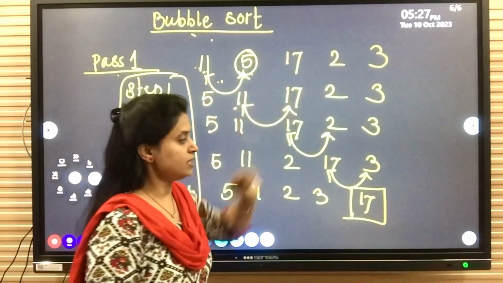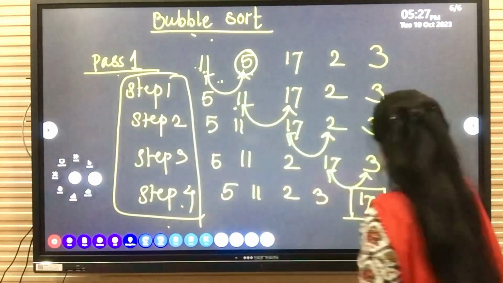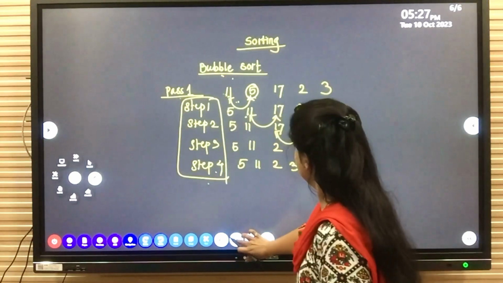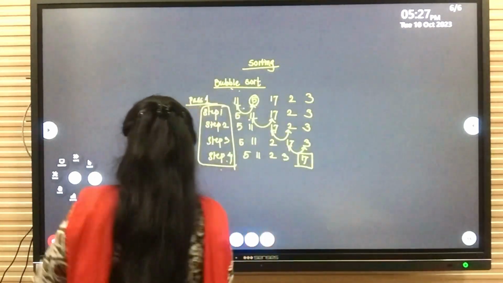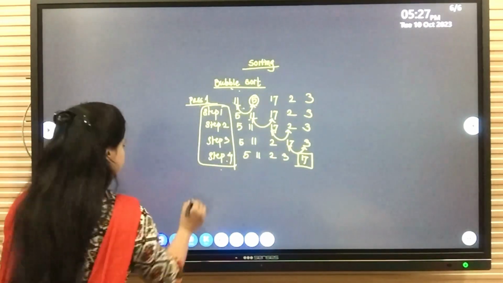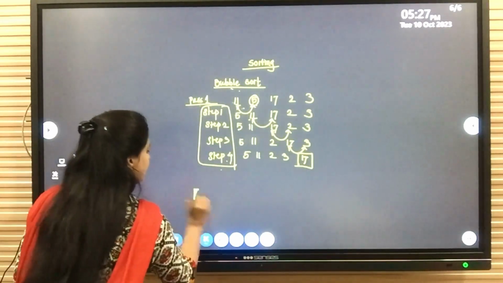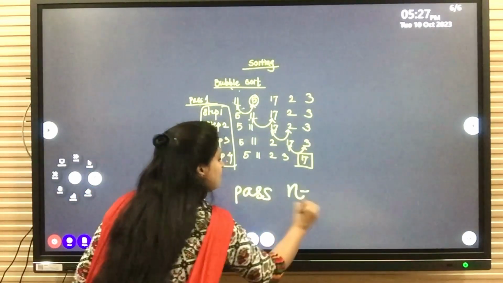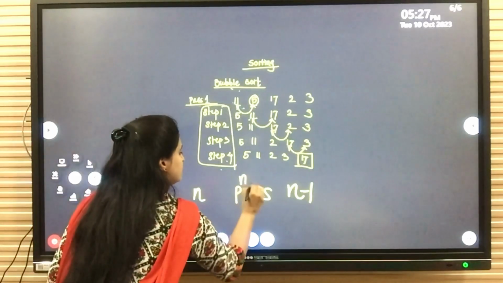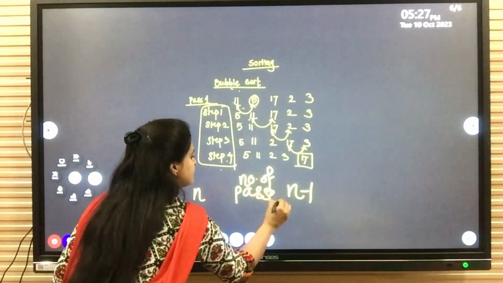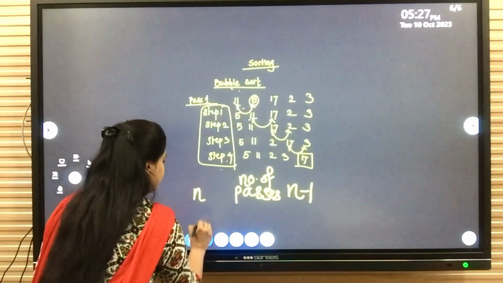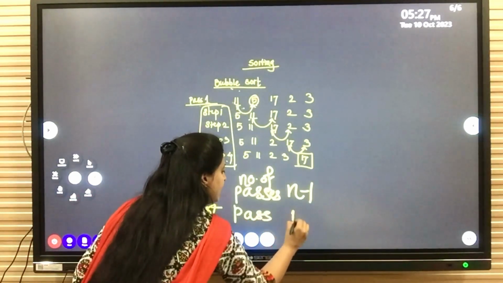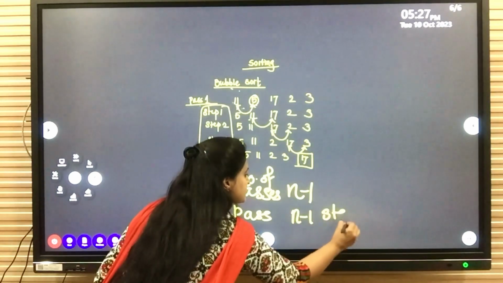Now if I am having a total of n elements, then I am having n minus 1 passes. So the number of passes is n minus 1. In the first pass I am having a total of n minus 1 steps.